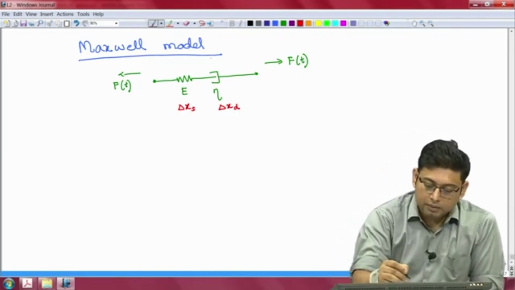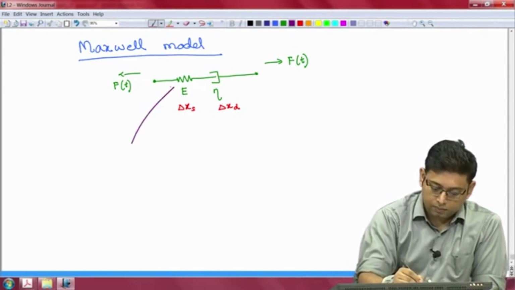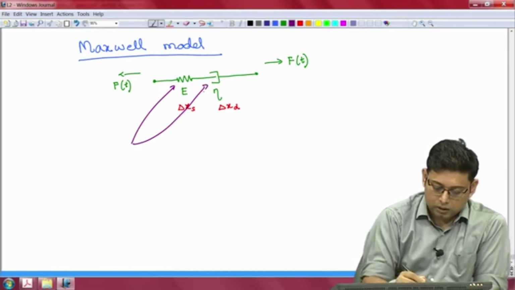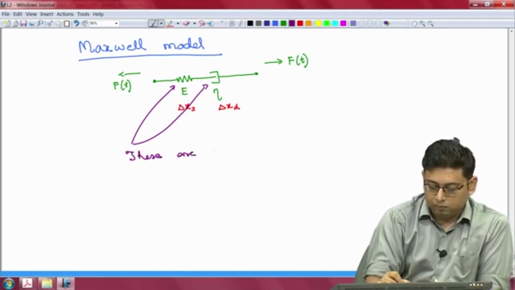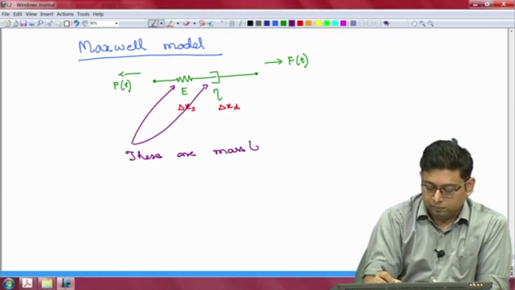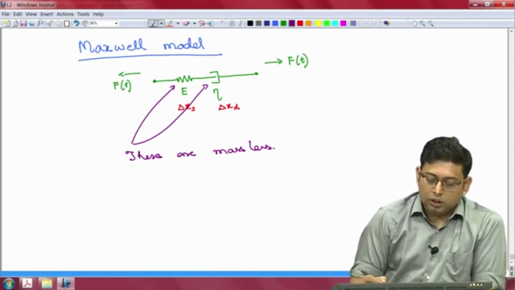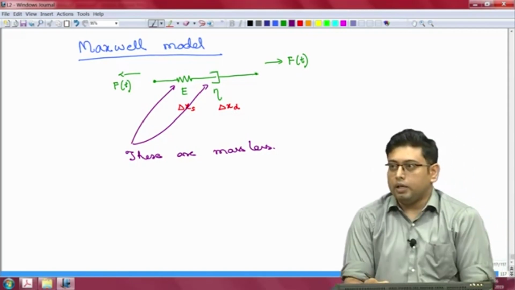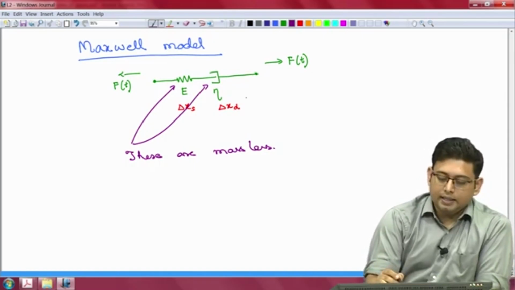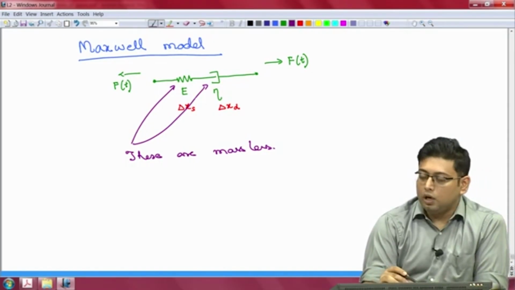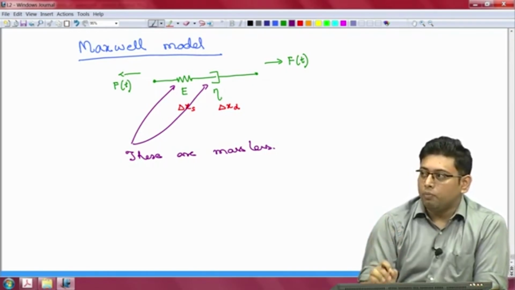And these themselves are massless. Okay. So, we will also make a note that these are massless. So, now let us say that this spring dashpot combination is representing a Lagrangian material point.